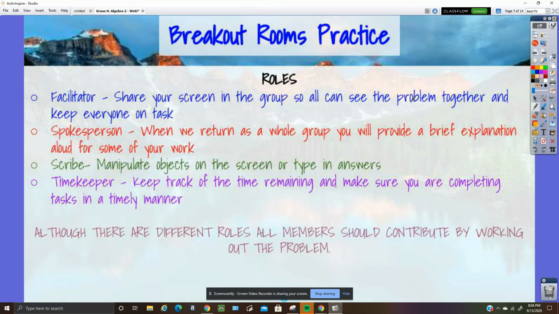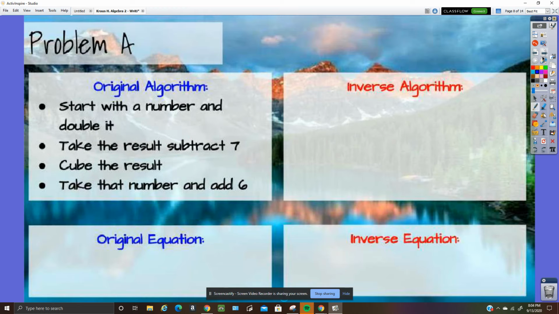All right, and then in class, we're going to go to breakout rooms and have you try this with a group. And so when you get out of the breakout room, these are the 2 problems that you should have worked on. So here's the original and then the inverse.